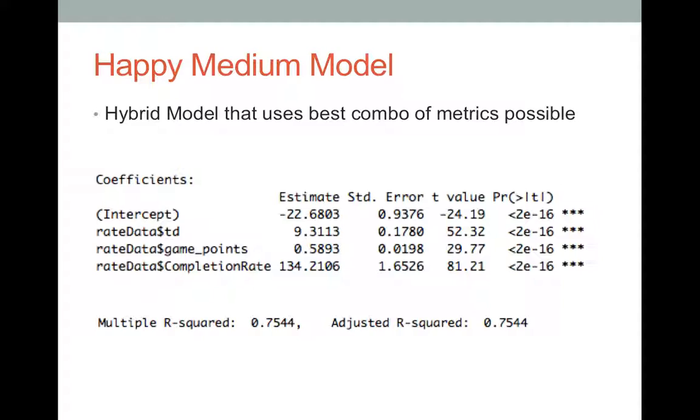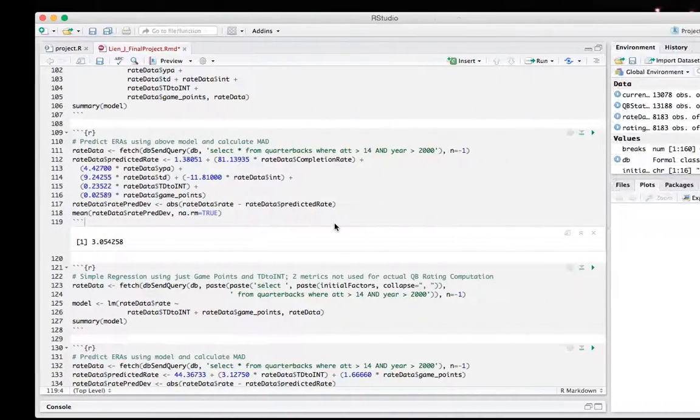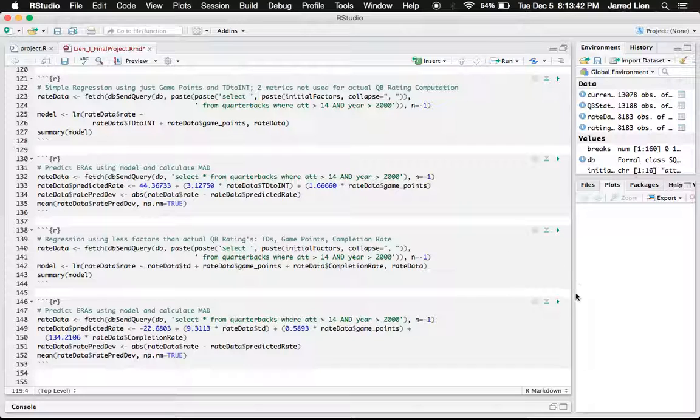This was the best combo of metrics that I could find where it didn't use all the factors currently being used, and it still had great p-values and a much higher R squared value than the previous model. I'm going to run that block of code as well, and we can see how that looked.